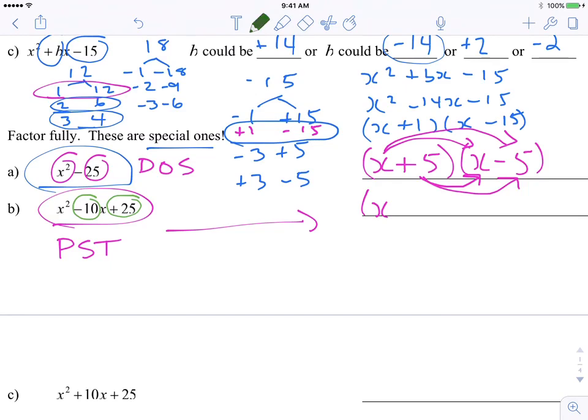In that case, we know a negative 5 times a negative 5 is positive 25, and a negative 5x and a negative 5x add up to negative 10. So this is x minus 5 squared. And that's a perfect square trinomial. Again, it also looks like vertex form. So what we've learned is when we factor a quadratic that is in standard form, we can end up with vertex form if it's a perfect square trinomial.